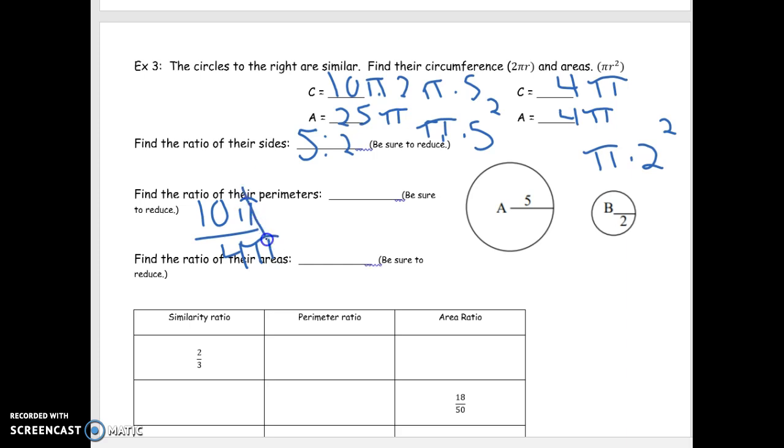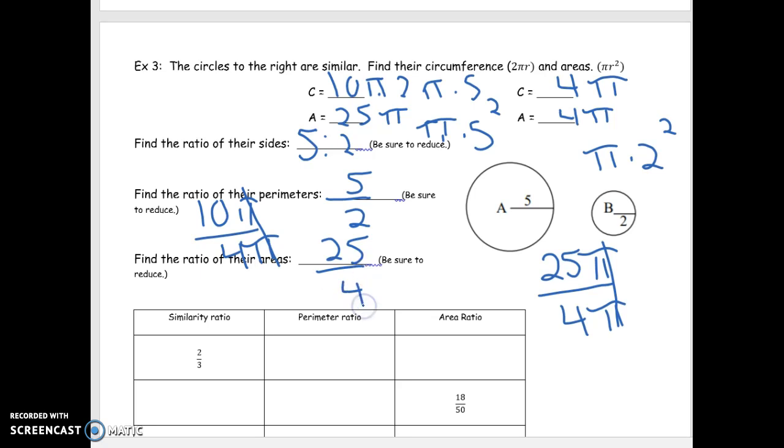Those pi's can cancel out. 10 over 4 reduces to 5 over 2. If we go look at the ratio of their areas, that is 25 pi over 4 pi. Again, if you notice, the pi's cancel out, and we are left with 25 over 4.